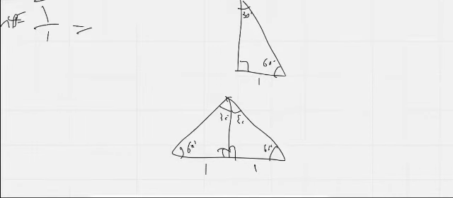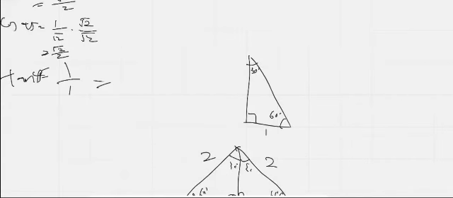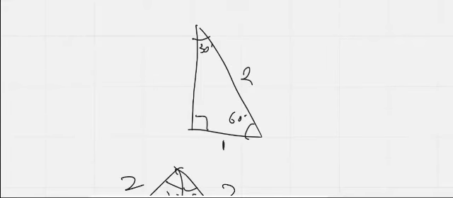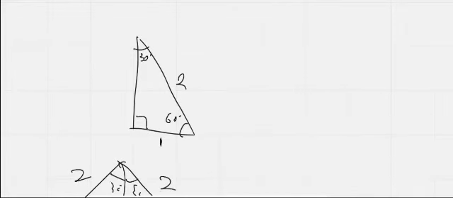The bottom is 1 plus 1, which is equal to 2, and the other two sides will be 2 as well. So here will be 2. And using the Pythagorean theorem, you can do 2 squared minus 1 squared, which is equal to 3, and we have to take the square root.